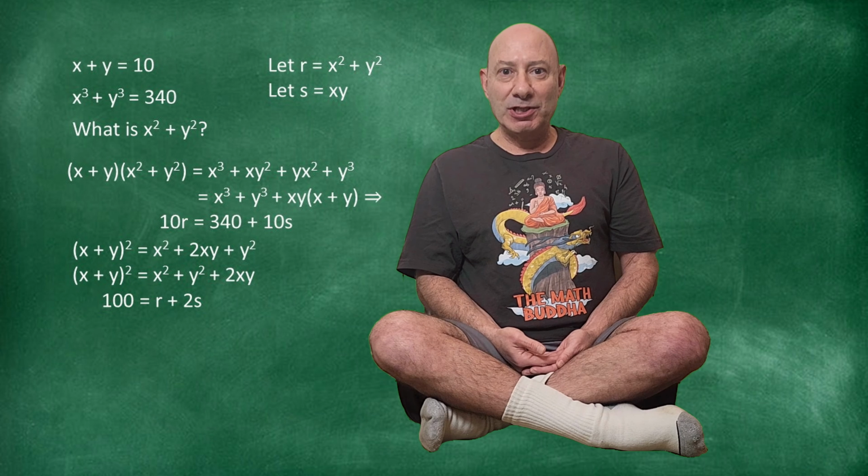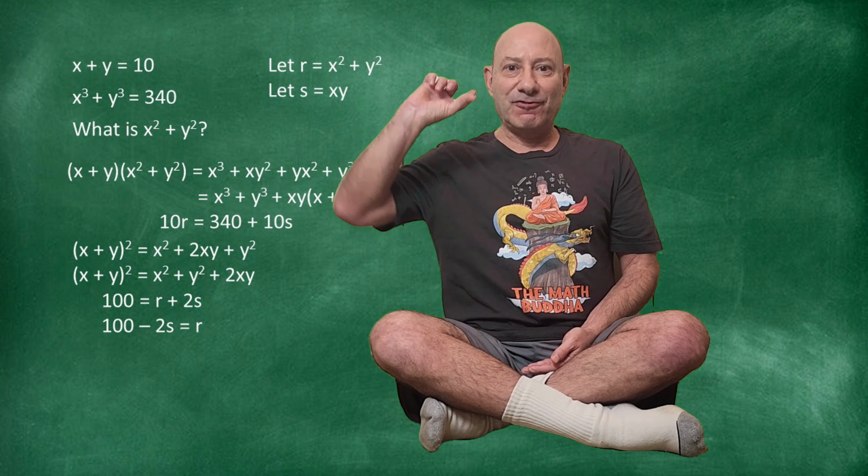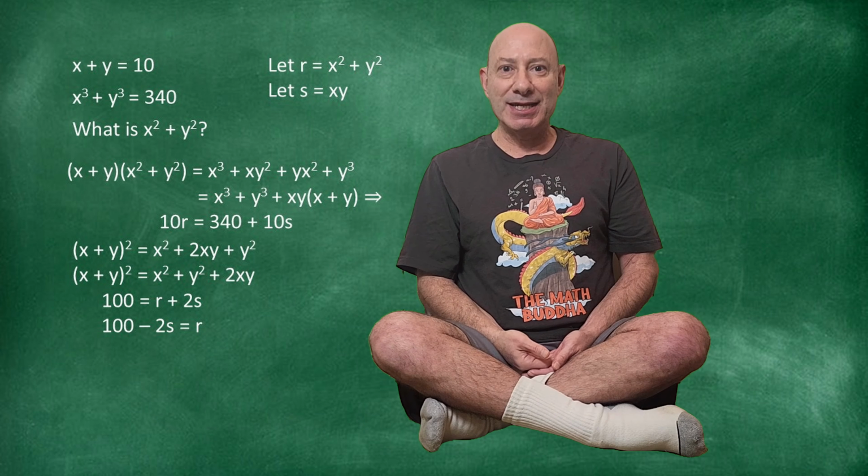But first, let's do a little manipulating to make sure that our two equations are compatible. Let's start with this equation down here. Let's subtract 2s from both sides so that we can get the r alone on the right. And that's going to give us 100 minus 2s equals r. Next, let's flip that equation around so that we can get the r on the left side like we have it up here in the first equation. And that becomes r equals 100 minus 2s.